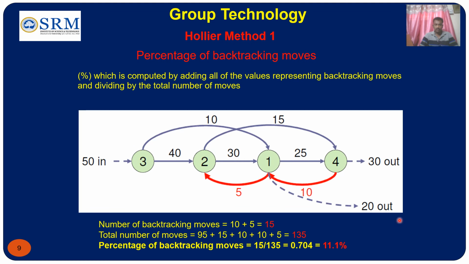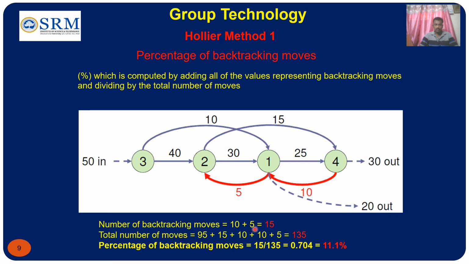Now the next step is calculating the percentage of backtracking moves. These are the forward moves, the in-sequence moves. But you can see there are 2 movements, from machine 4 to 1 and machine 1 to 4, which are going back, returning back. So this is called backtracking. These are called backtracking moves.